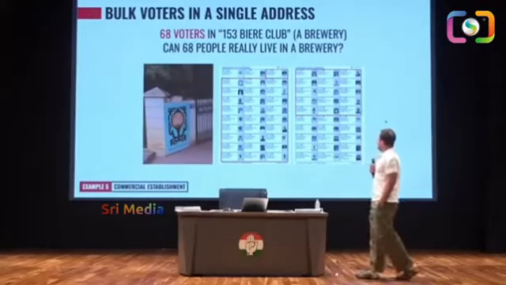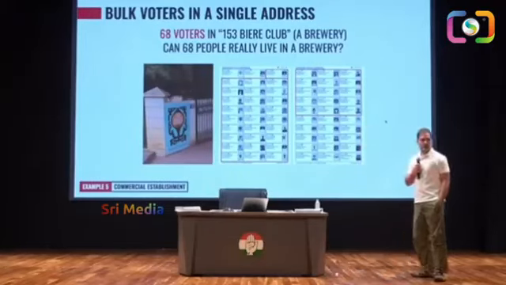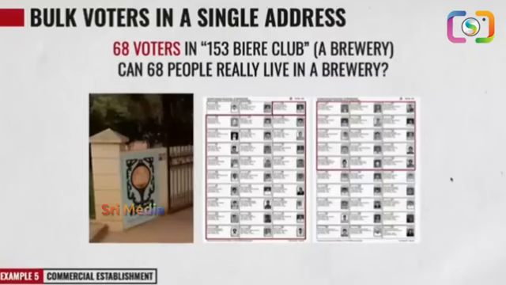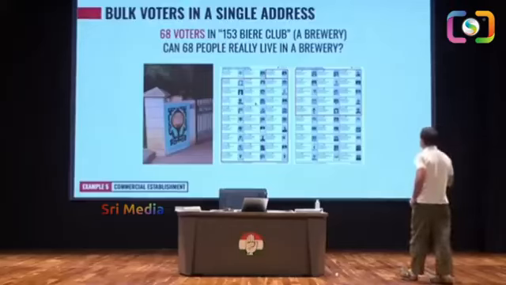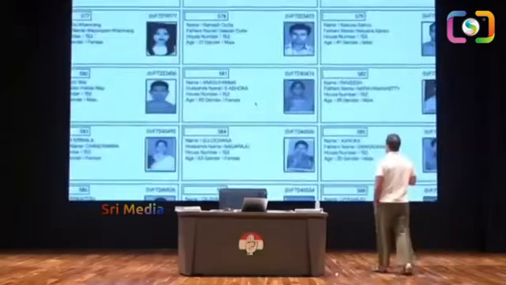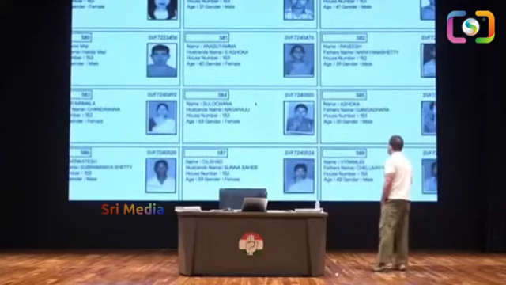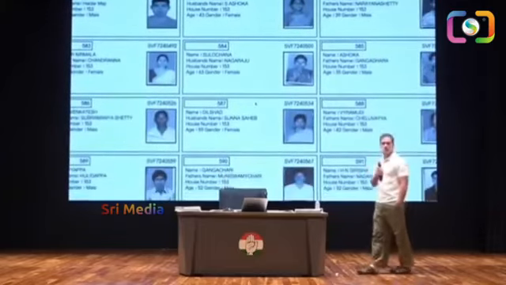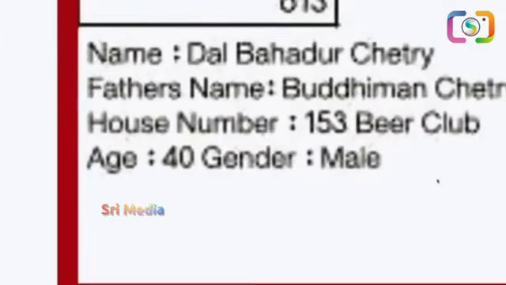Here is 68 voters in a brewery, a commercial establishment. Nobody lives there. Right? And when we go and ask them, where are these people? Who are these people? Nothing. We don't know. Never heard of them. Zoom in. And that's fake and invalid addresses.